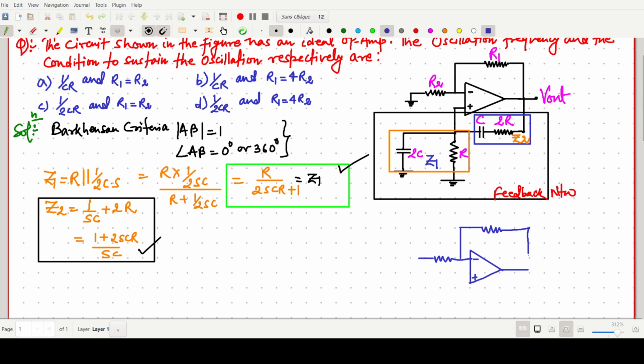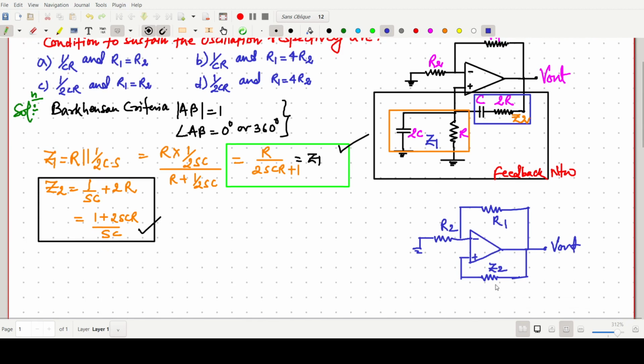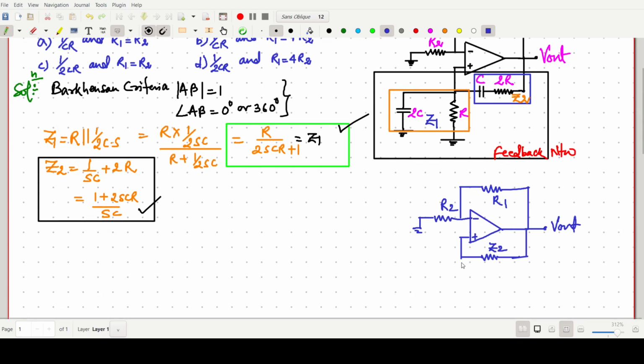Why do we have to take care of Z1 and Z2 in solving such a problem? We can assume this one is some resistance type of thing. This one is Z2, their values are given, and this is Z1.